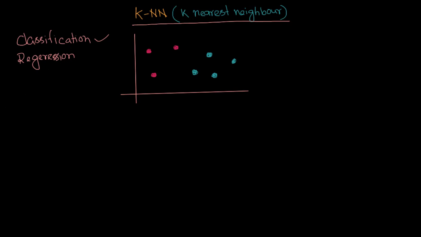Suppose I want to know the class of this particular star data point. These red points and blue points represent my training data set, and we'll see an example of a training data set as well. This star is our test data set. I want to know the class of it.